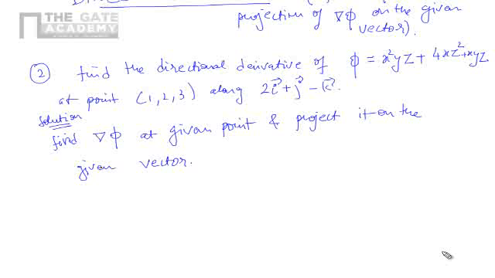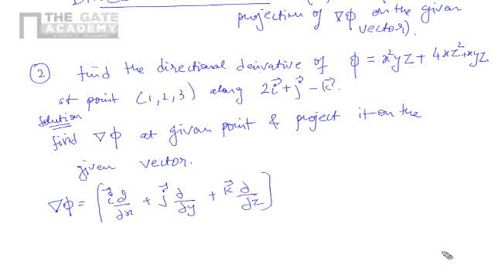So phi is given. So what is del phi? Del phi is nothing but I dou by dou x plus j vector dou by dou y plus k vector dou by dou z operator on phi. So what is phi here?